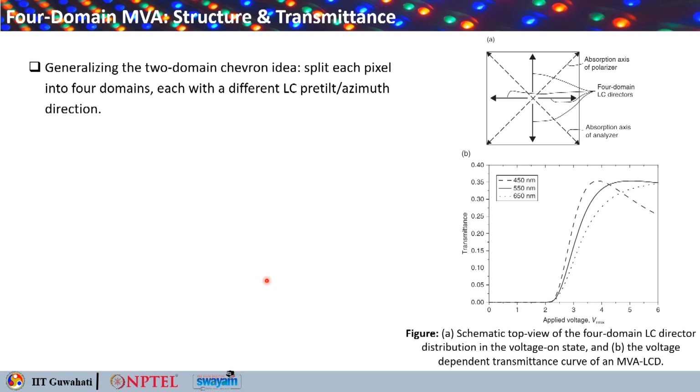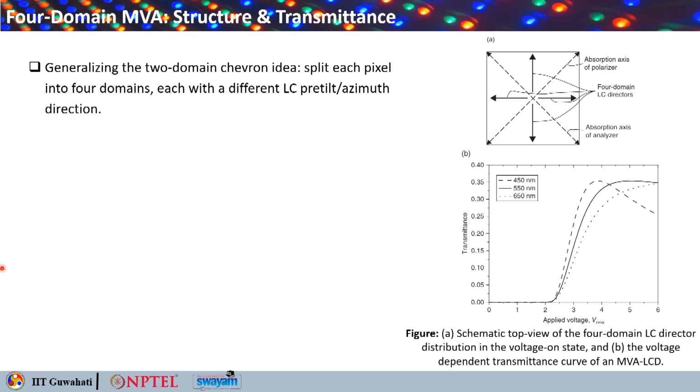This generalizes the 2-domain chevron idea, which splits each cell into 4 domains, each with a different LC pre-tilt or azimuth direction, as you can see here. These are the 4 domains, and these are the absorption axis of the polarizer and the absorption axis of the analyzer. So these are the 4-domain liquid crystal directors: one is up, one is down, one is right, and one towards left.